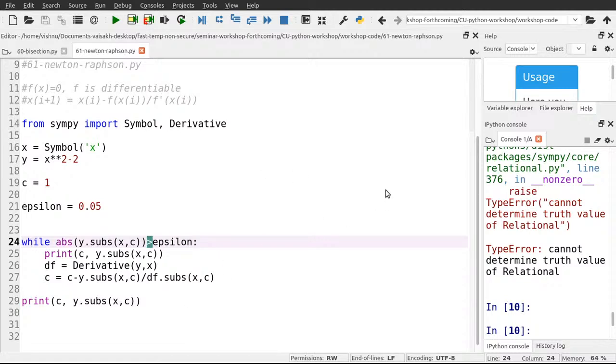Something is happening here. Okay, that's a typical error with sympy. It seems okay. I will do one thing.